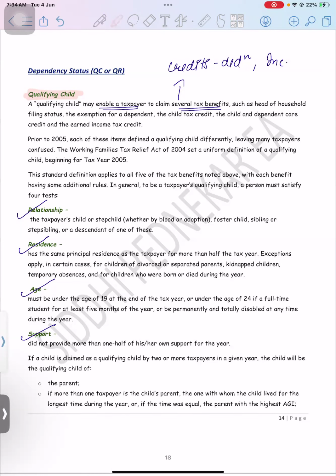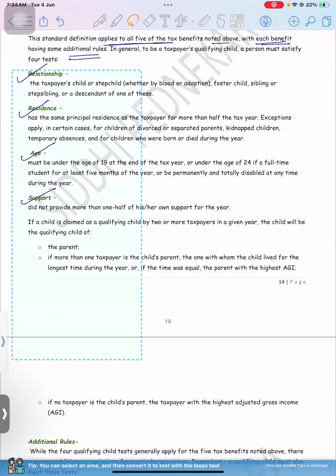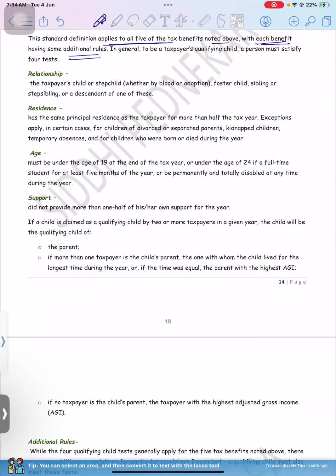Some examples are claiming HOH, head of household, where you need to check whether you have a qualifying dependent or not, and the exemption for dependent, child tax credit, and child and dependent care credit. These are the credits we are going to understand in the credits chapter. The standard definition applies to all five of the tax benefits noted above, with each benefit having some additional rules.